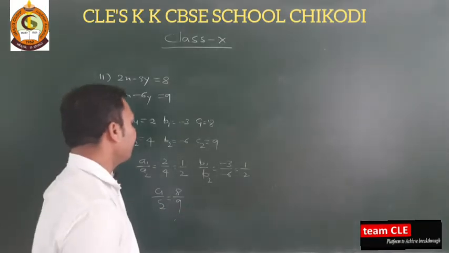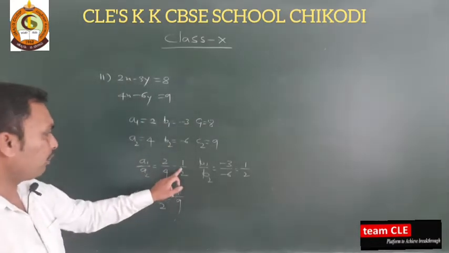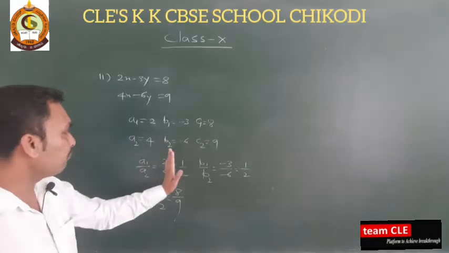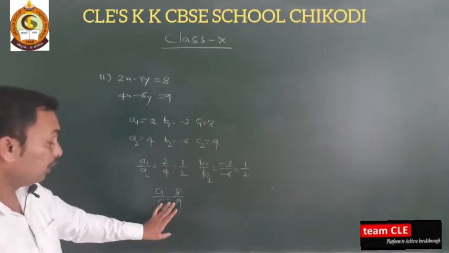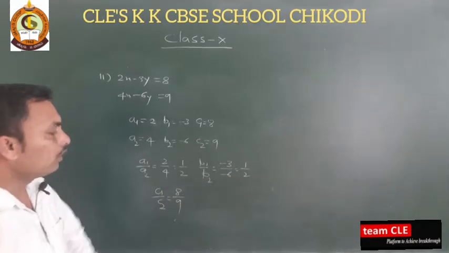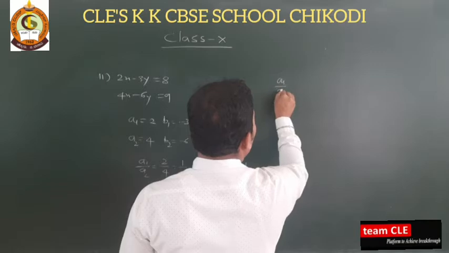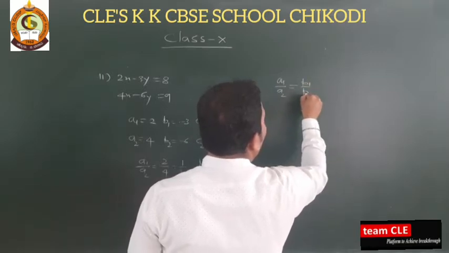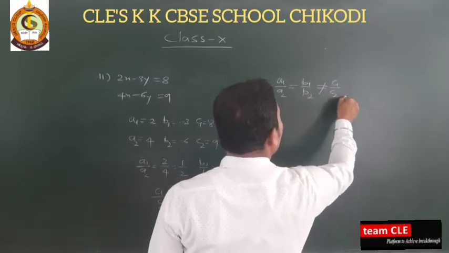Just you can see, dear students, A1 by A2 we have 1 by 2, B1 by B2 also we have 1 by 2. Now A1 by A2 is equal to B1 by B2, but B1 by B2 is not equal to C1 by C2.